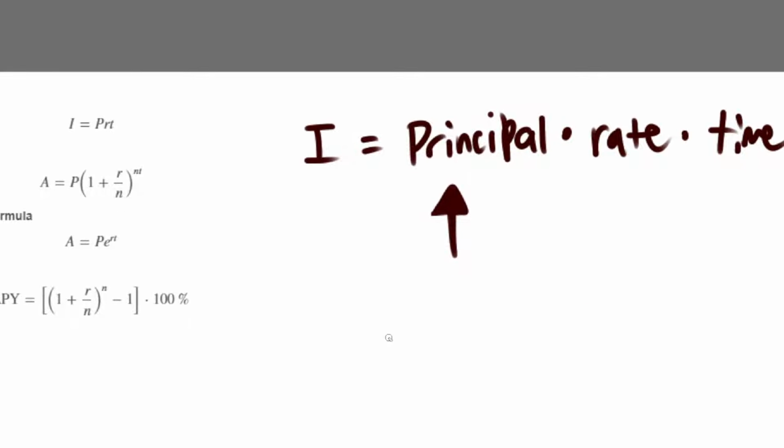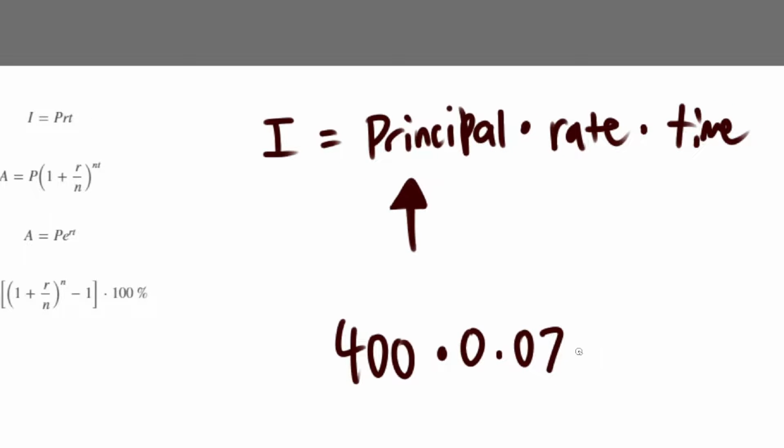So if you invest, say, $400, and the rate is 7%, you would do 0.07, because we want it in decimal form, not percent form, times, let's say you let it sit for 7 years. We want to know how much money we would have after those 7 years.